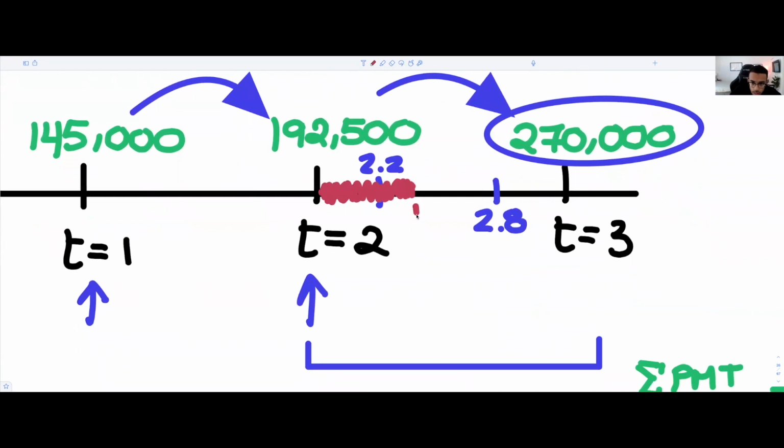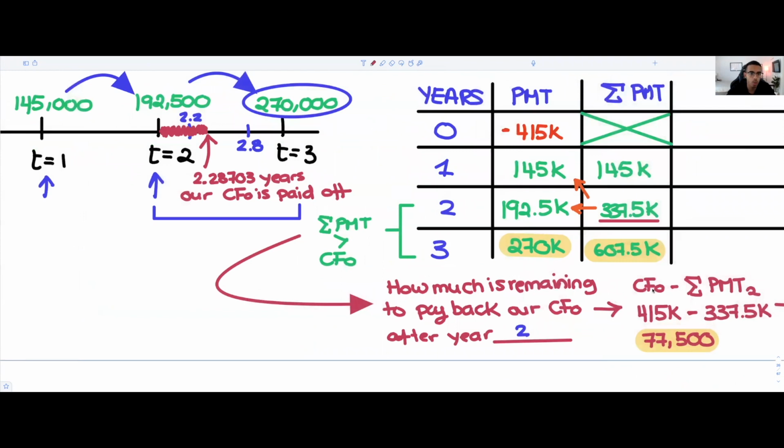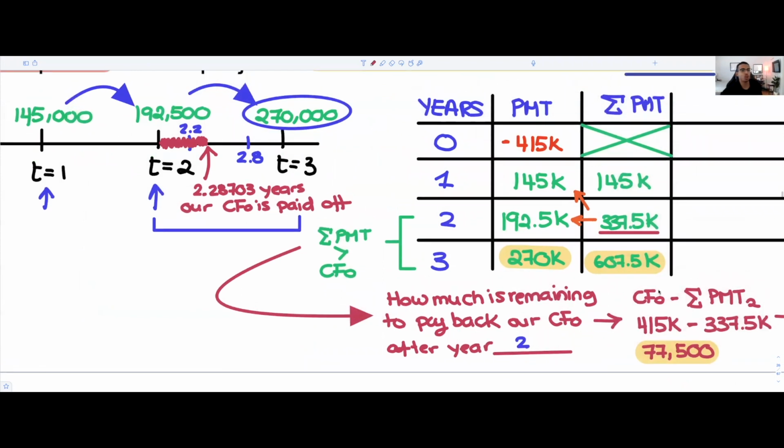Because we know that, assuming the cash flows are equally distributed, at 2.28, almost 2.28703 years, our original investment is paid off. That's what the payback period is really all about. It's figuring out at what time between these 2 years did we make our money back, assuming that everything is equally distributed.